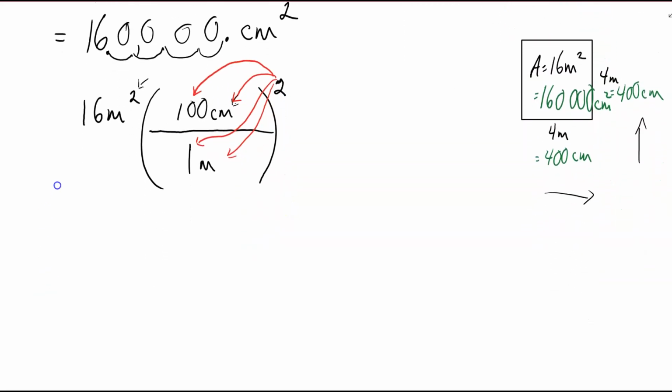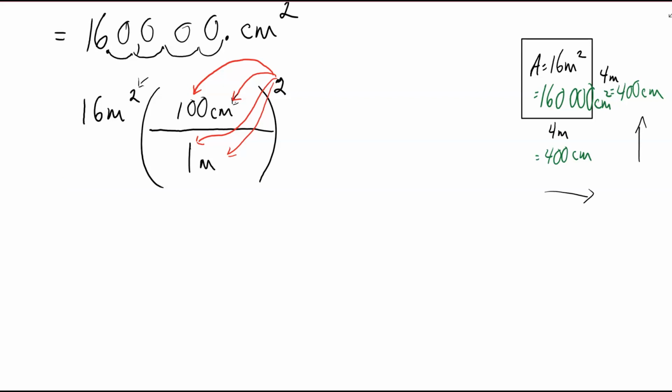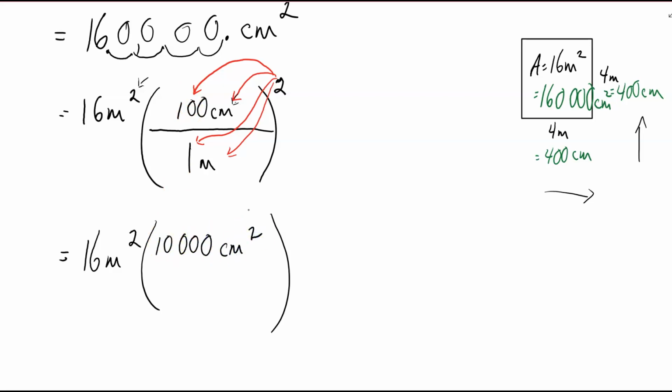So it will actually become looking like 16 meters squared multiplied by the unit fraction, that is 100 squared is 10,000 centimeters squared. Got to square everything. 1 squared, well, that's 1, and meter squared is meter squared.